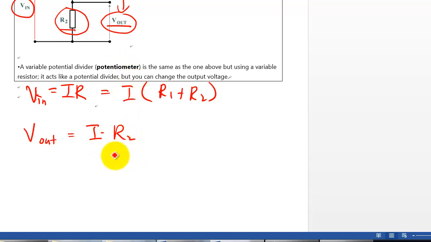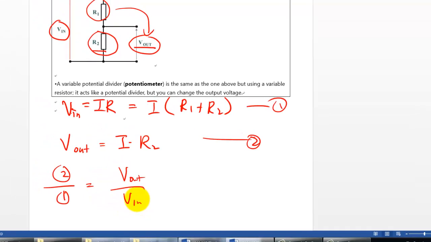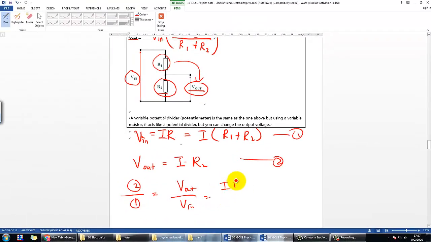And so by getting these two equations, basically you can get the equation by doing equation 2 divided by equation 1, and that gets you V out over V in equal to I R2 over I (R1 plus R2).